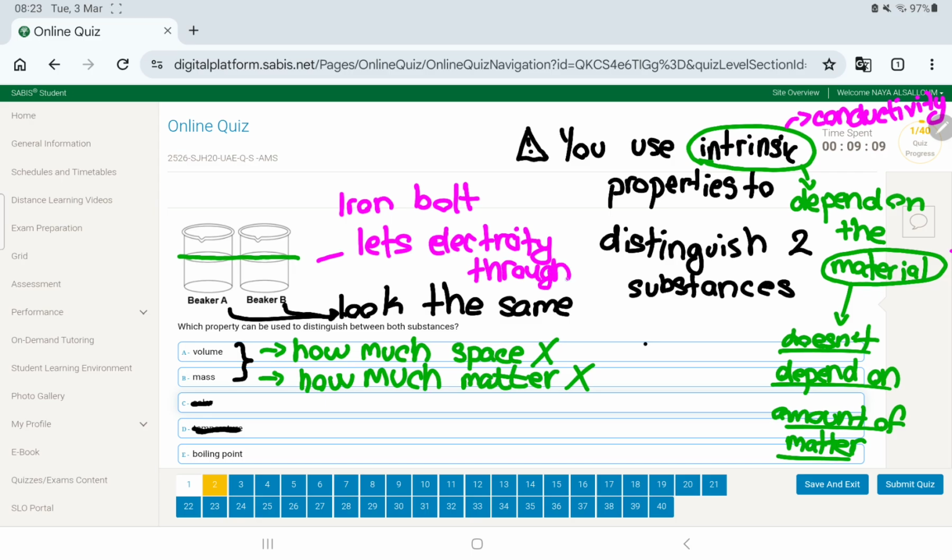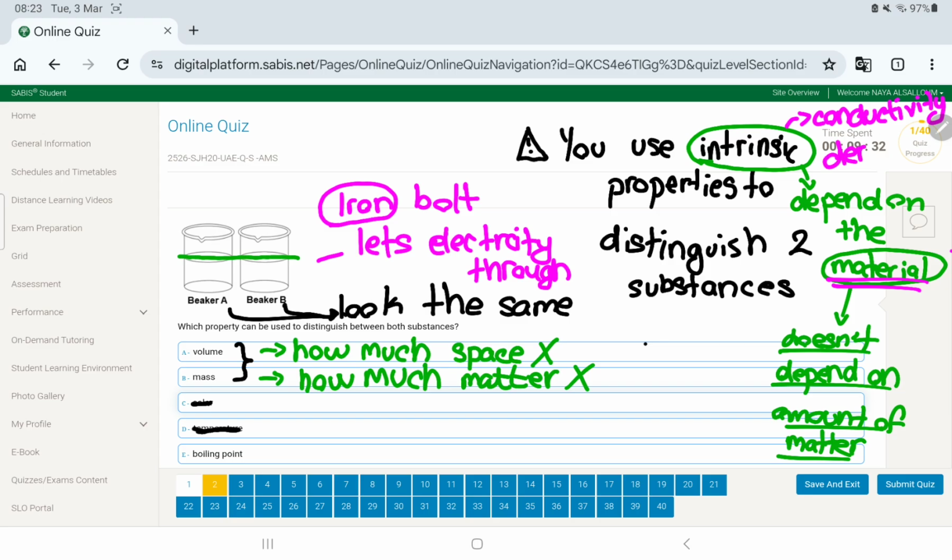Does it depend on how much iron you have? No, right? Because can I say that a 10-gram iron bolt lets electricity through, but a 2-gram iron bolt won't? No. Why? Because iron is a material. This is why conductivity is intrinsic.